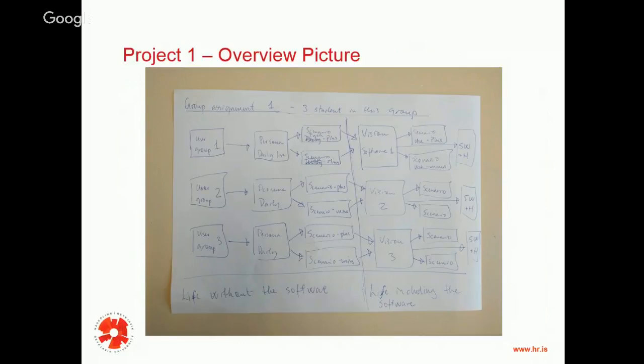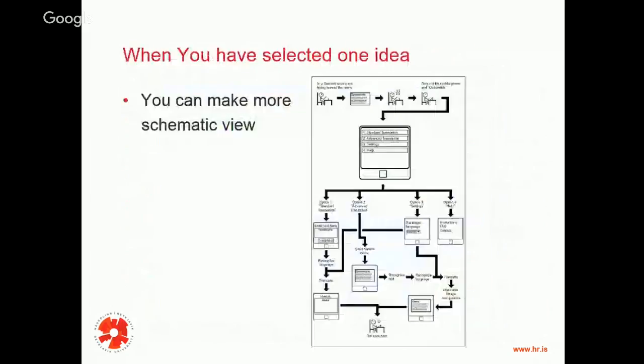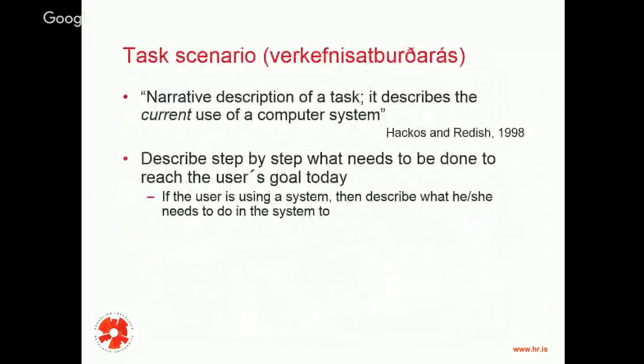Either you have a computer system that is not working, you have problems with it, and you're going to make a new one, or you have a situation now not having any system, and then you have the new situation. So the task scenarios are describing the current situation. And they describe step by step what needs to be done to reach the user goals today.